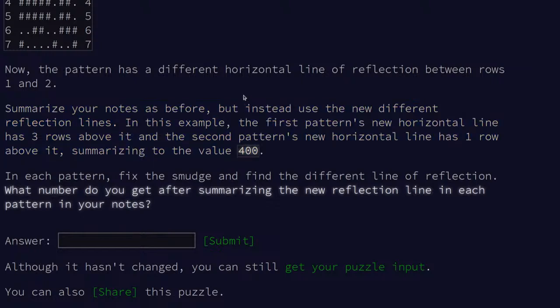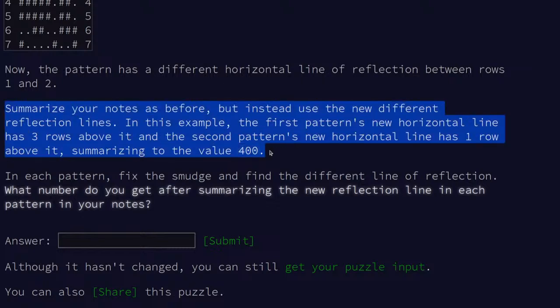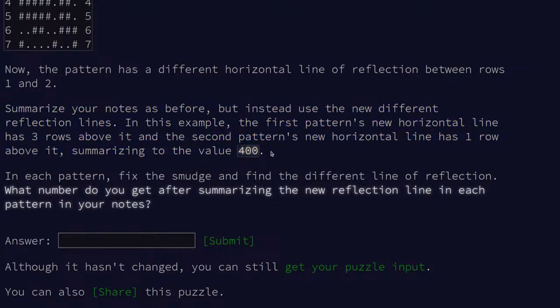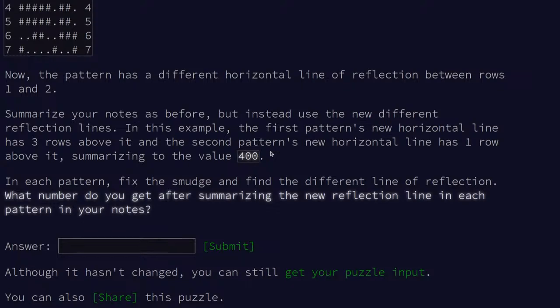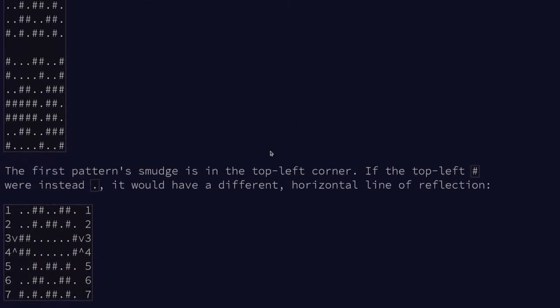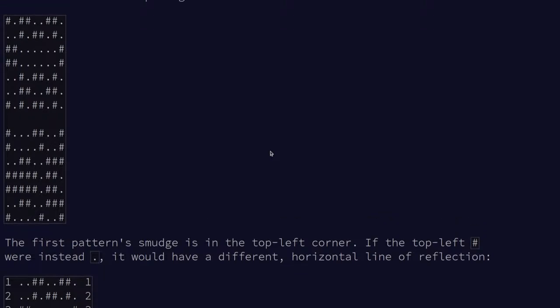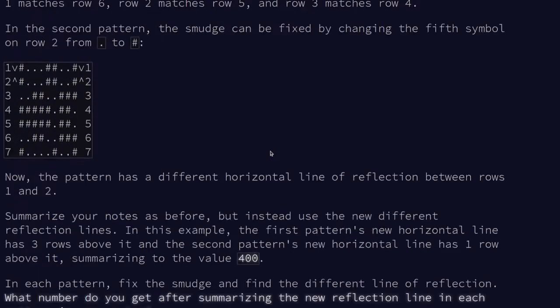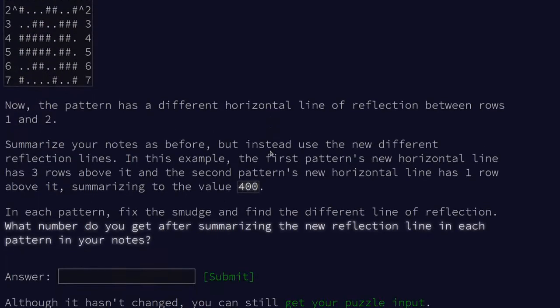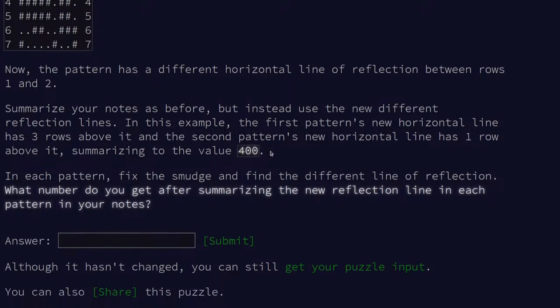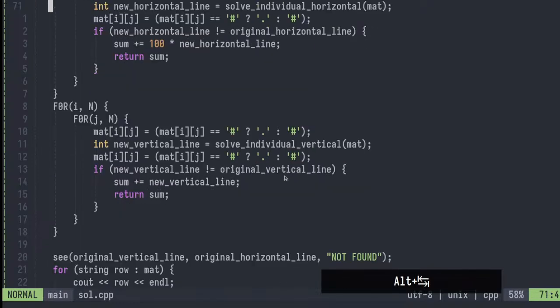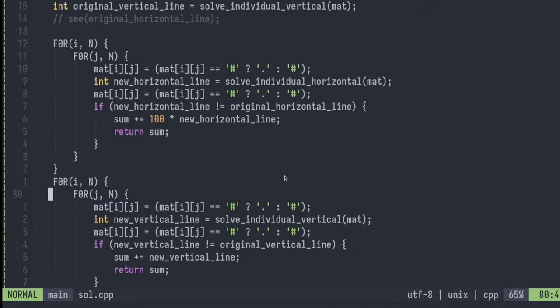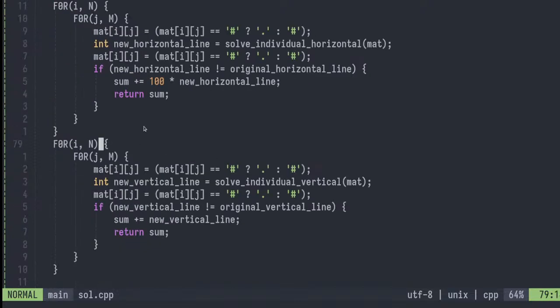Reflection lines. I mean, this is a very unclear question, I think. They haven't given anything about what we need to do about the vertical thing. One thing that I forgot here is, let's say I don't consider this vertical, right?